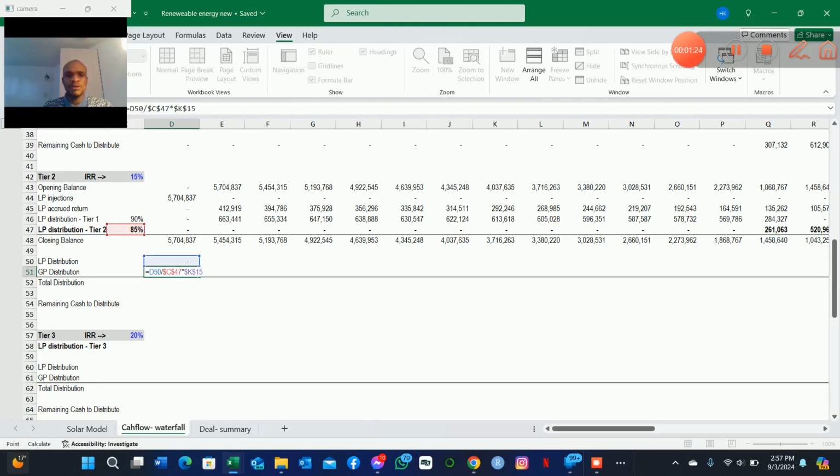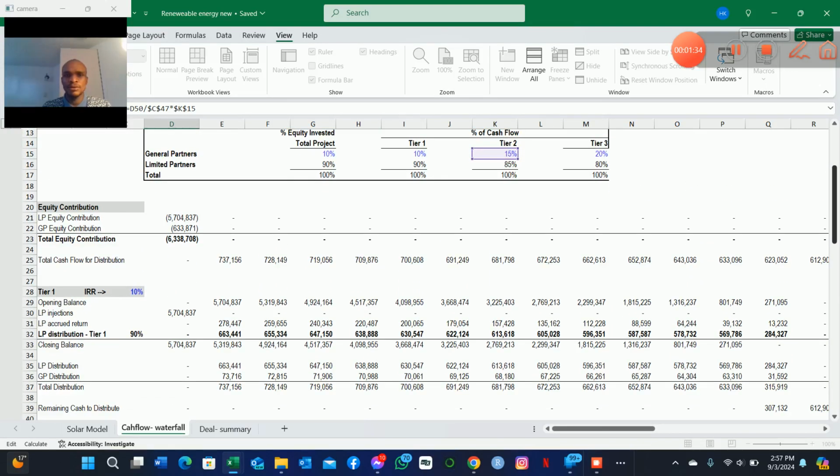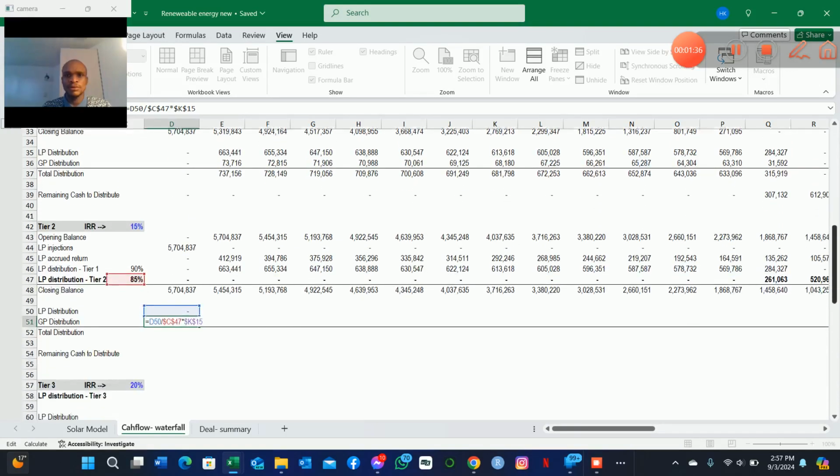Multiply it by that amount, we press enter. We want to make sure that we are referencing the right cell. And of course we are.